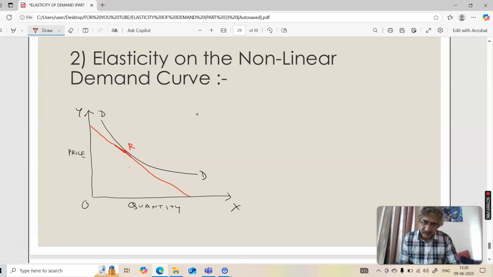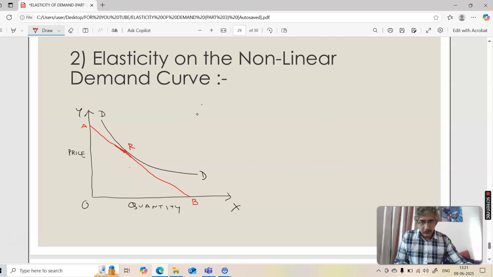Make a tangent with a straight line which just touches point R, and then meets the y-axis and the x-axis. The point at which it meets the y-axis, I'm naming A, and the point at which it meets the x-axis, I'm calling B.